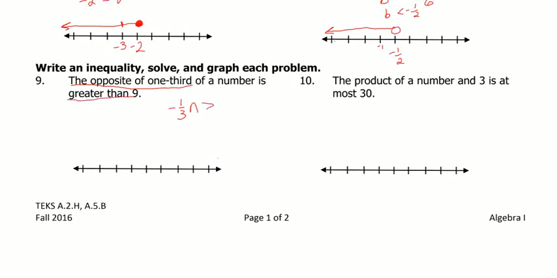Okay, so we're going to multiply both sides by negative 3 over 1. So that's going to leave me with n being greater than negative 27. So I put a negative 27 here. And that's going to be an open dot above the 27. And n is going to be everything bigger than negative 27.